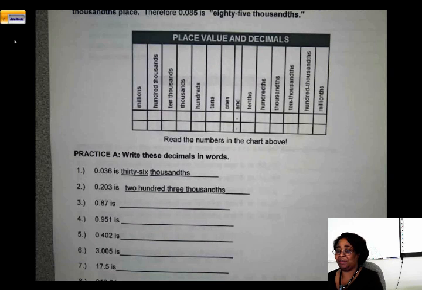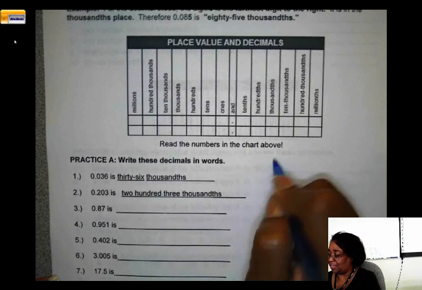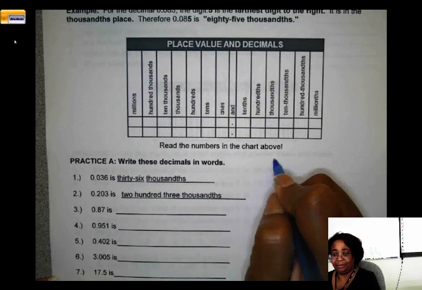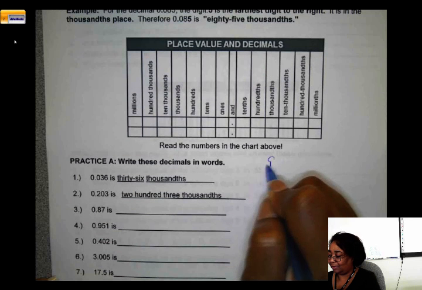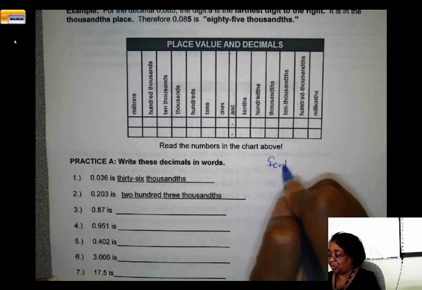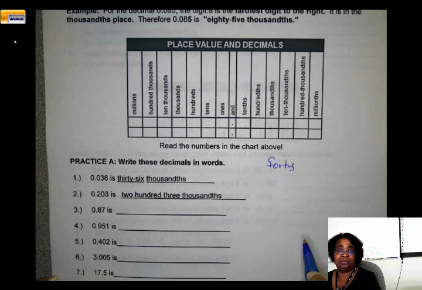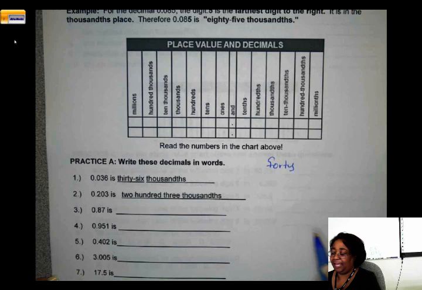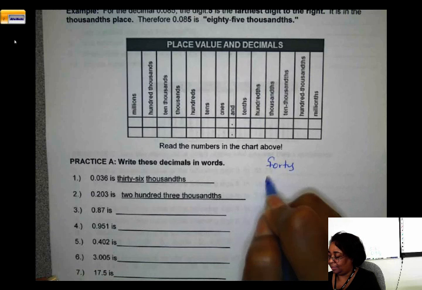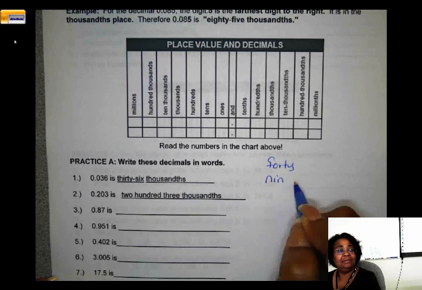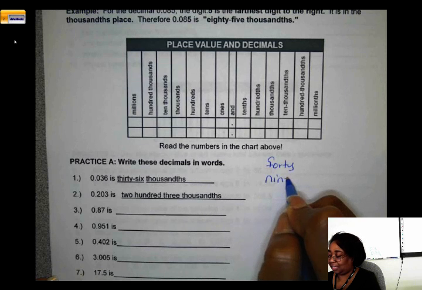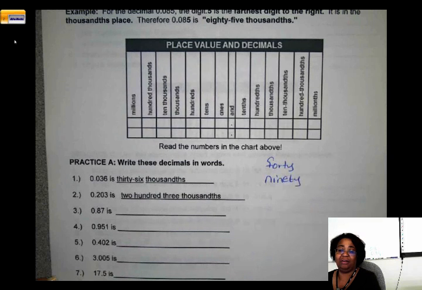A couple of words that people misspell all the time is, how do you spell 40? F-O-R-T-Y. That's always misspelled for some reason. Sometimes people put U in there. And then how do you spell 90? N-I-N-E-T-Y. There's an E there.